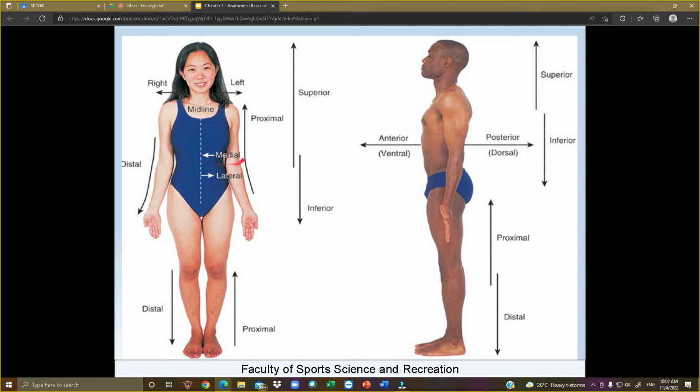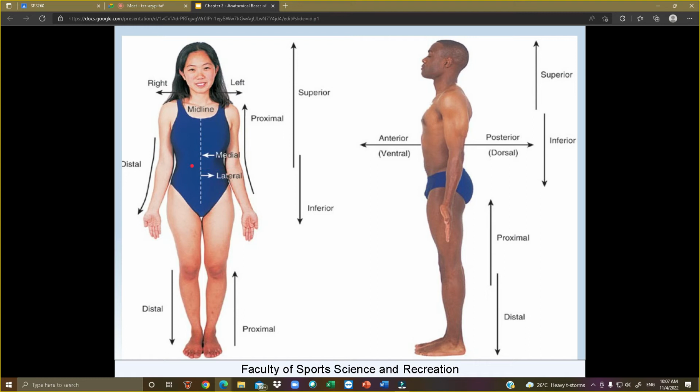Medial lateral ni lebih pada kiri dan kanan. Luar dan dalam. So, anything towards the midline is known as medial. Anything away from the midline is lateral. Okay? Towards the midline is medial. Away from the midline is lateral.